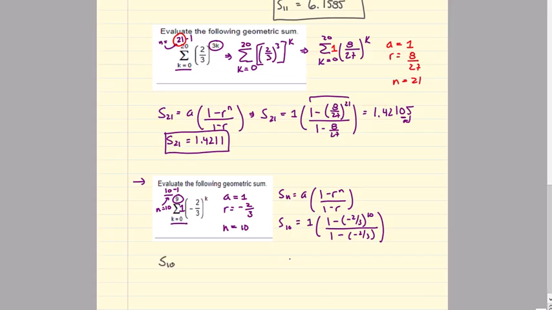So S sub 10 is equal to, we can shortcut this a little bit. We could go 1 minus negative 2/3 to the 10th. And then down here, a minus and negative is the same as a positive. So that'd be 1 plus 2/3. 3/3 plus 2/3 is 5/3.